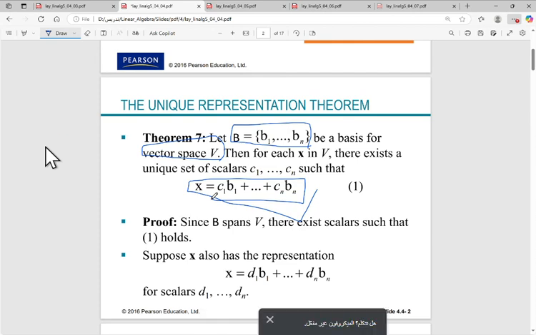This means you don't have two different linear combinations of B1 to Bn that give you the same vector X. This is a very important property. So when you have a basis for a subspace like V, any member X of the subspace can be written in a unique way as a linear combination of the basis vectors.